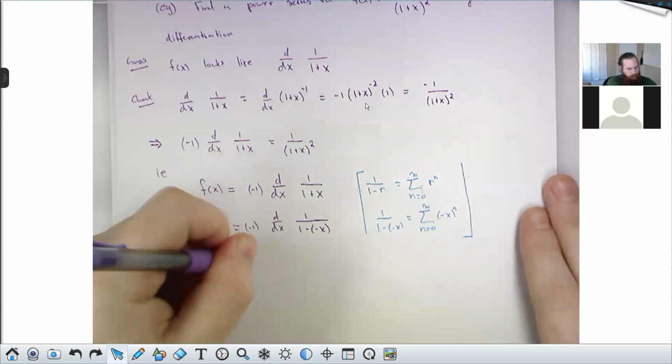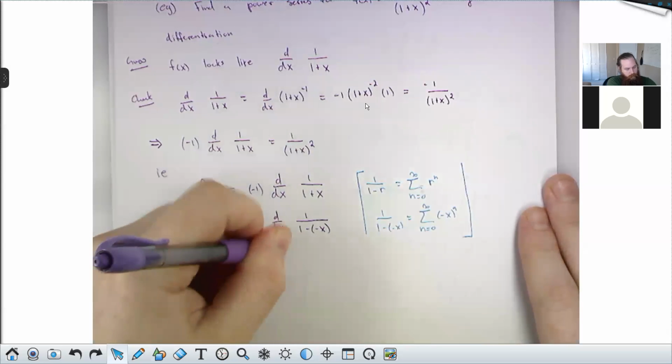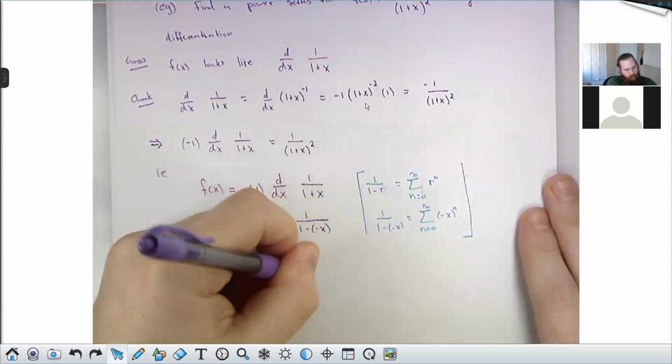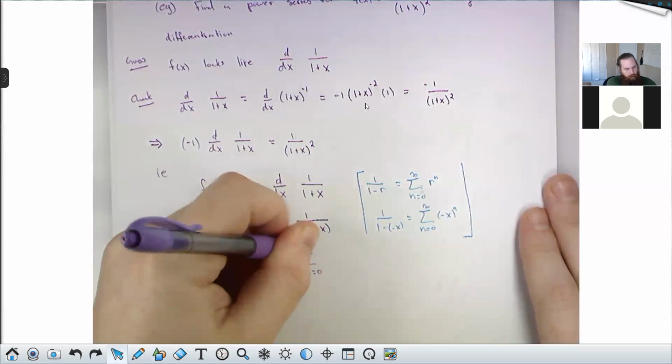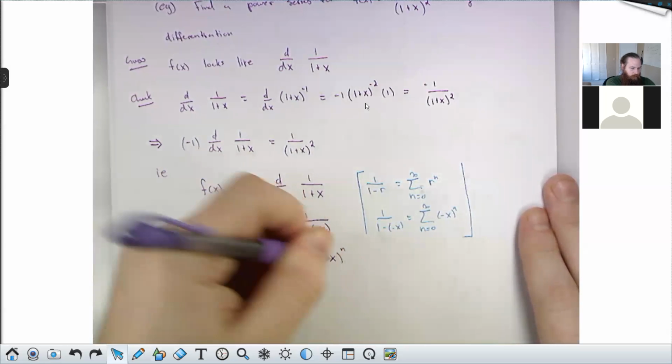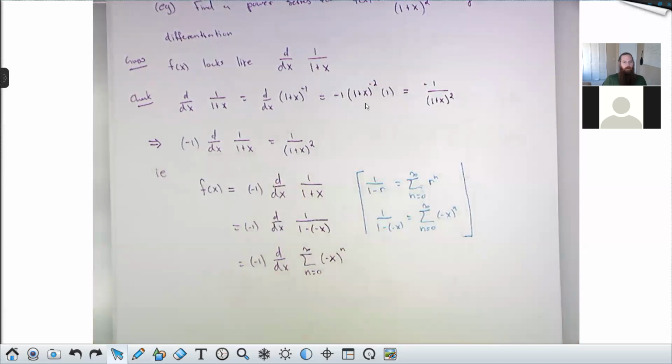So now this is negative 1 d dx sigma n from 0 to infinity negative x to the n. Before I can differentiate this series, I need to simplify the inside. I don't want a negative x to the n, I just want an x to the n.